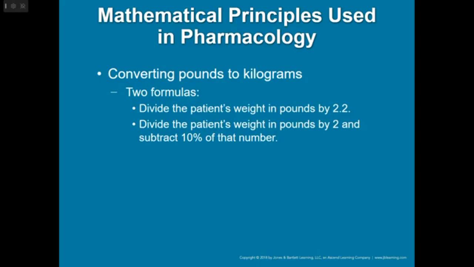Whatever that last digit is, subtract that off, pretty much. Here's another example. Someone who's 280 pounds. Divide it in half, that gives me 140, and then subtract 10%, 14. That takes me from 140 down to 126. So I've got 126 kilograms.